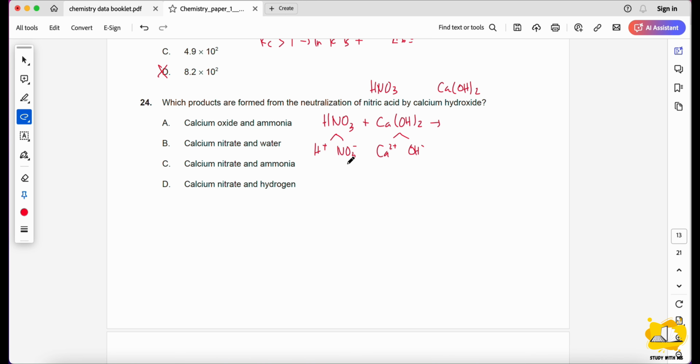Then you combine the negative ion with the positive ion, so it will be Ca2+ and NO3-. You use crisscross, so it will be Ca(NO3)2, calcium nitrate, and H+ and OH- will be H2O. So the product will be calcium nitrate and water.